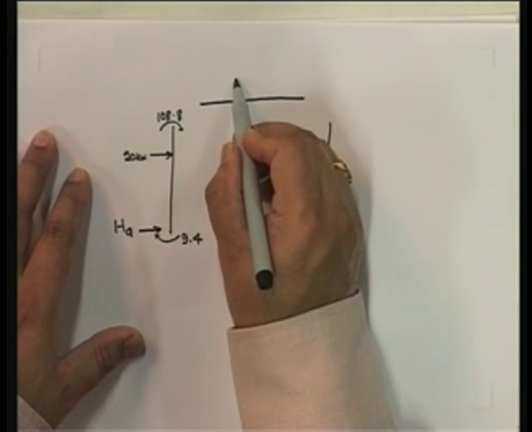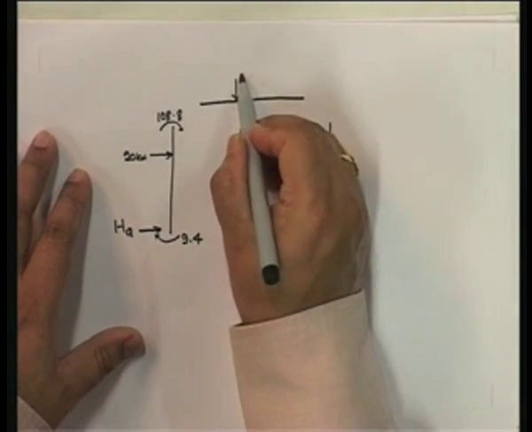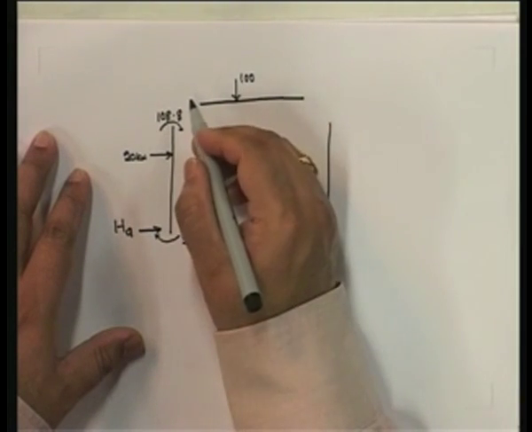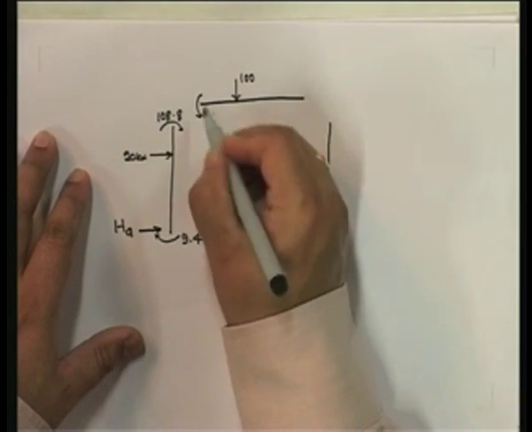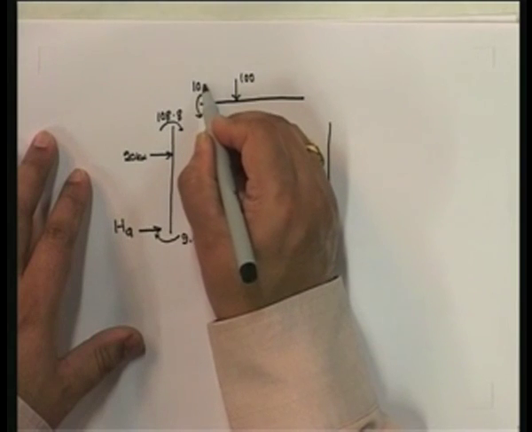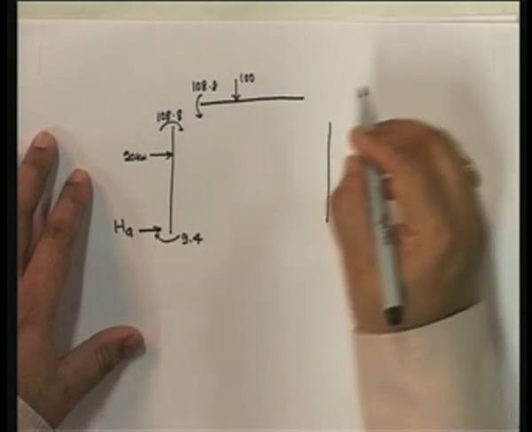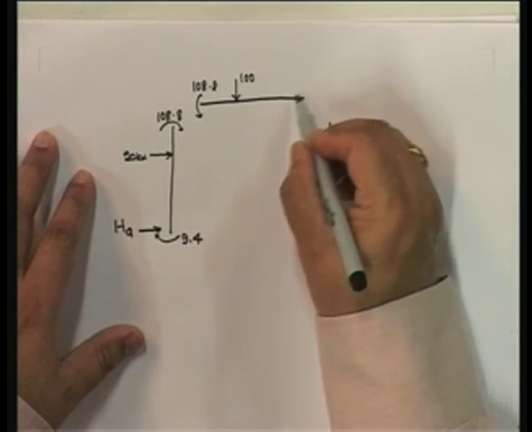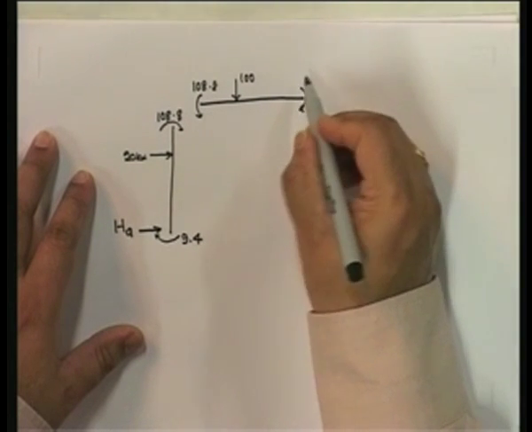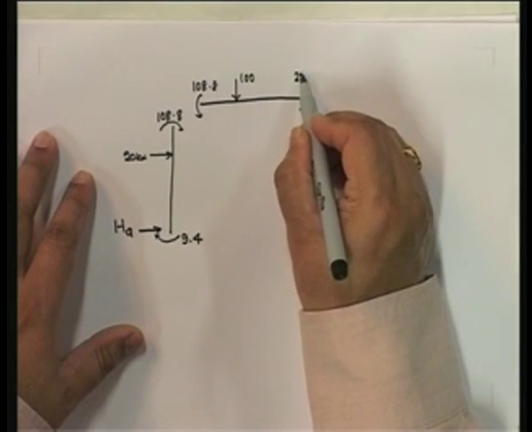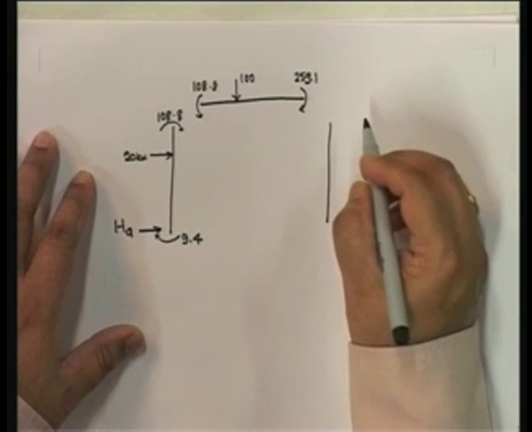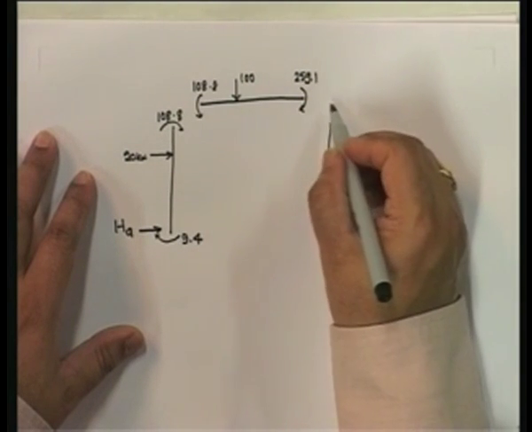We put it all together. This is going to be 100. This is going to have 108.8. Here this is going to be 259.1.